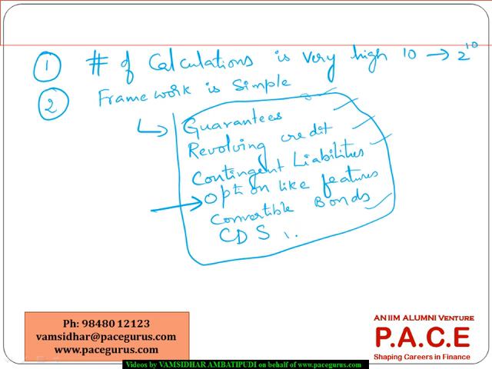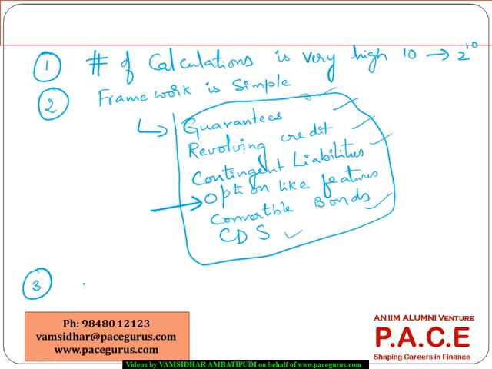Option like features means only on contingency, only on occurrence of some event. So it's not a guaranteed kind of payoff; only subject to some constraint does the payoff happen. So that is where we talk about option like features, and this framework cannot accommodate instruments which have option like features.